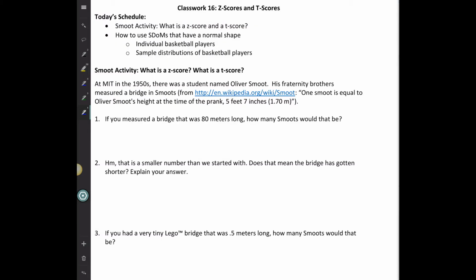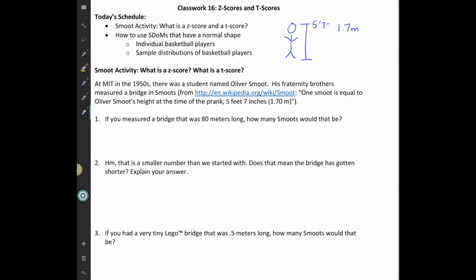So imagine this. We have a guy, Oliver Smoot, and he is 5 feet 7 inches tall, or 1.7 meters tall. So you can think about this as sort of a new way of measuring, right?